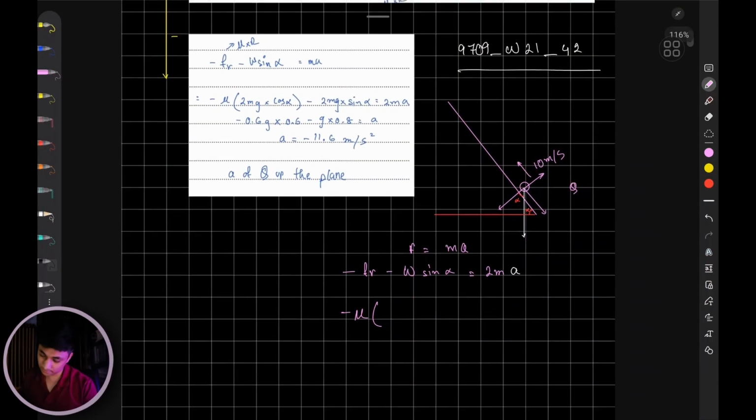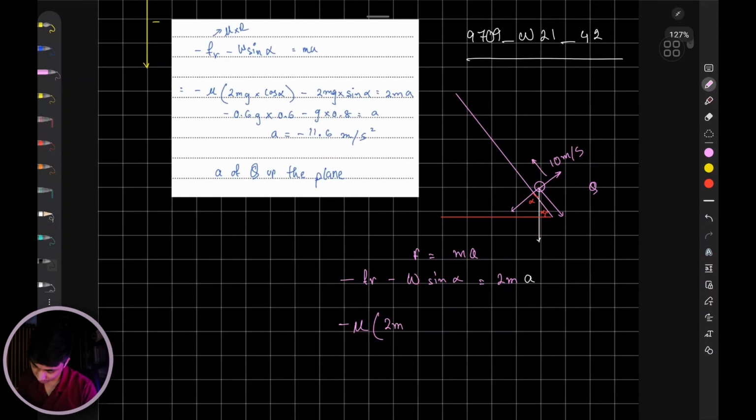So it's going to be 2m times g, this is your weight, 2mg, times cos alpha, since you want this component, because normal force is going to be exactly this component, but in the opposite direction, right? Cos alpha, minus 2mg sine alpha, is 2ma, right?